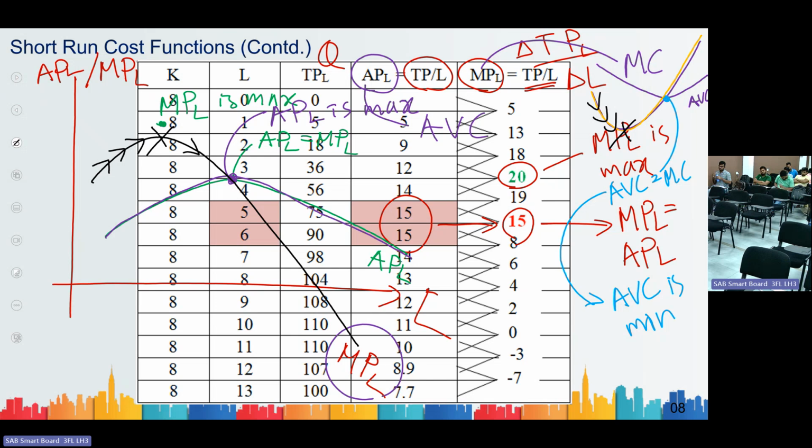When MPL decreases, MC increases. When MPL and APL are equal, MC and ABC are equal. So let's see whether this relationship is clear from the data.